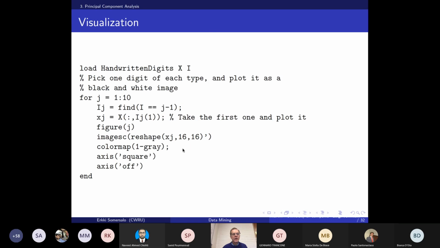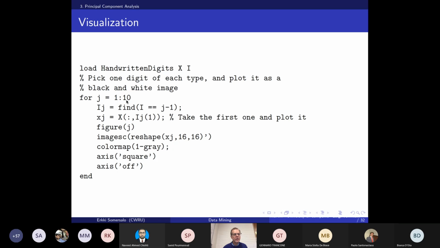So now I want to look at how these data points are distributed in space. Here I'm looking at just the visualization of how the individual handwritten digits look. So I'm taking one sample from each one of those classes.